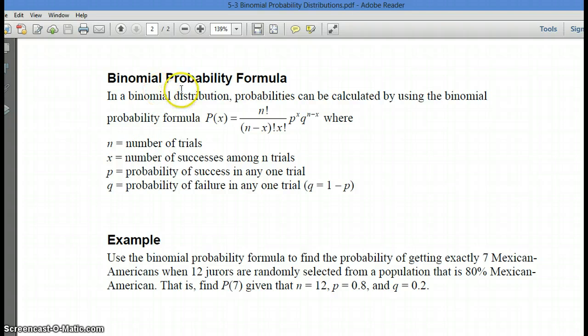There's a binomial probability formula, and probabilities can be calculated by taking the number of trials n factorial over the number of trials minus the number of successes, n minus x factorial, times x factorial, and we take p to the x times 1 minus p to the n minus x.